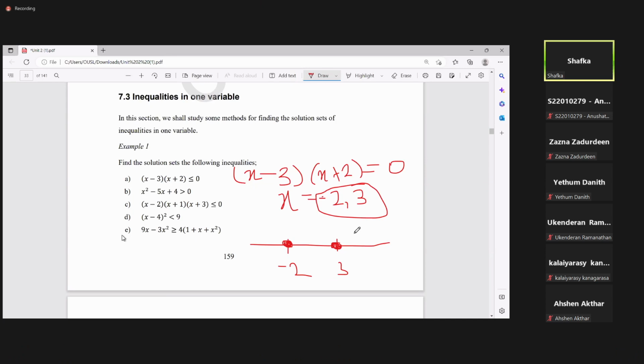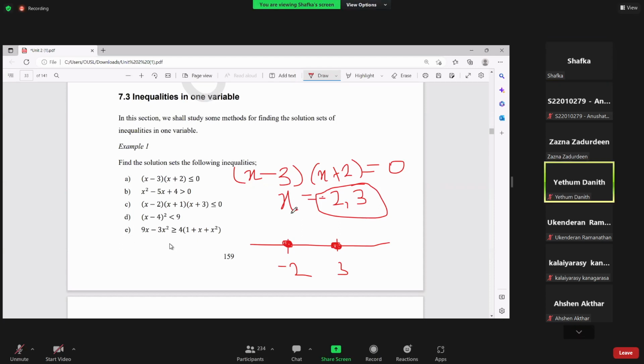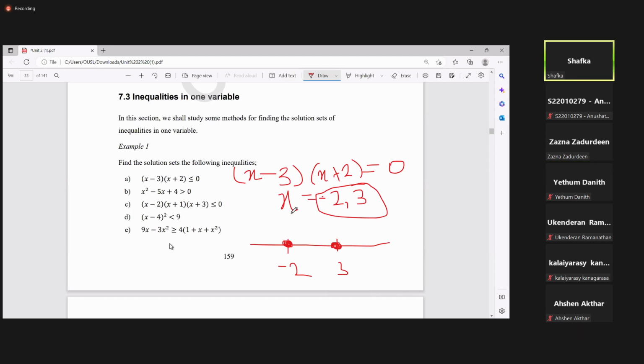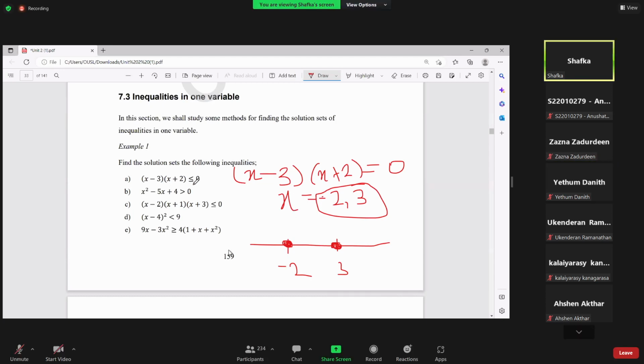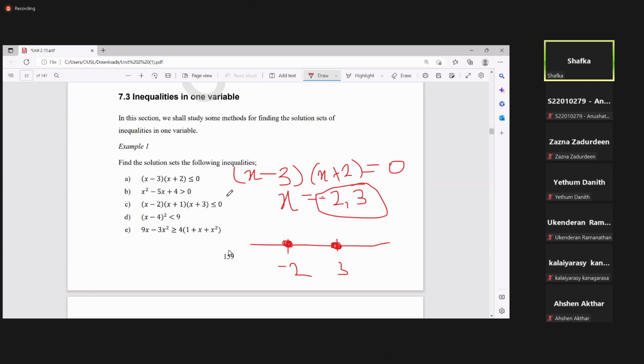The expression becomes 0. If that becomes 0, that satisfies the inequality, since it's less than or equal to 0. So we can include these two points in our solution.